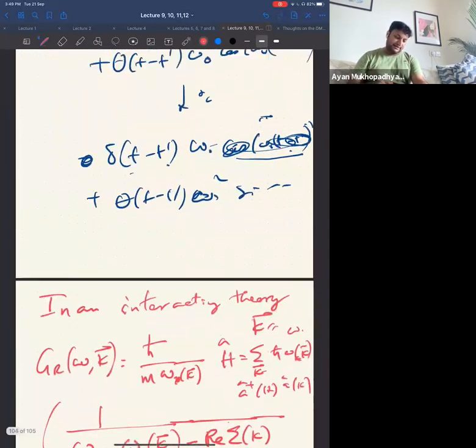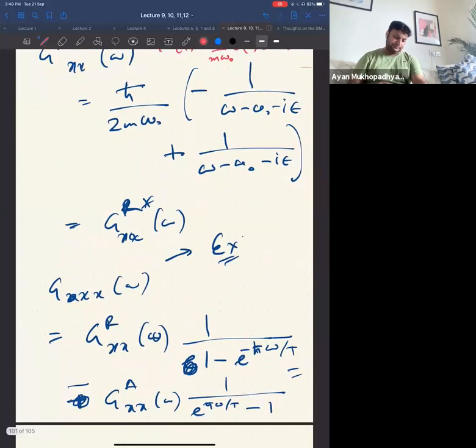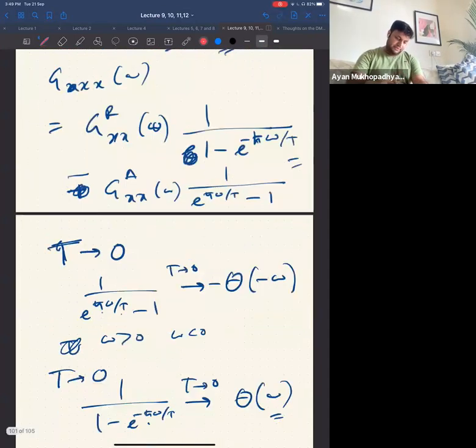And then, so this is the thing that we get from here, minus of this, omega minus omega naught minus epsilon. And the minus sign comes from the sine omega naught t, if you remember. So plus 1 by omega naught. So this is minus 1 minus omega naught and plus omega minus omega naught.